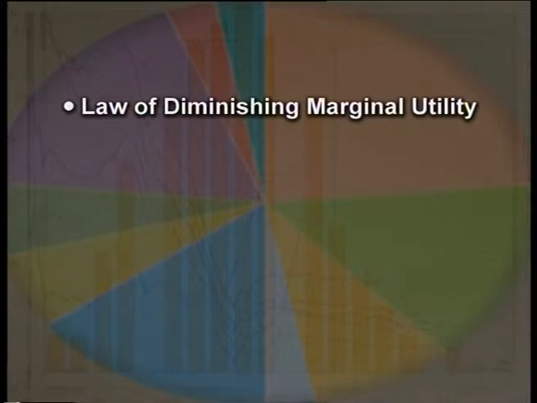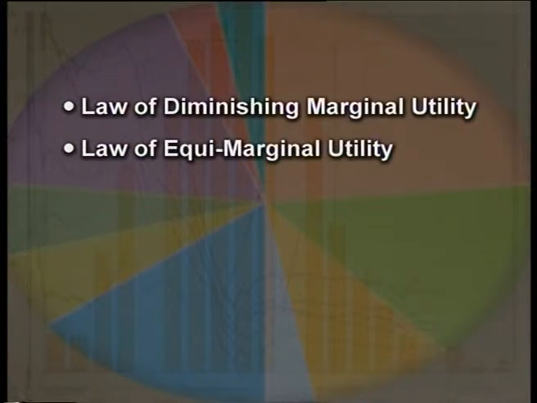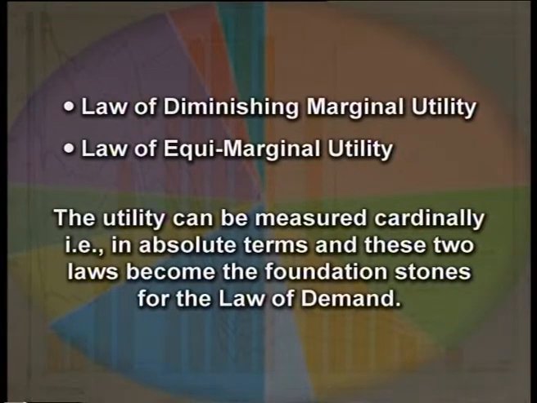There are two laws which support the law of demand, and they are known as the law of diminishing marginal utility and the law of equimarginal utility. Both these laws assume that utility can be measured cardinally, that is in absolute terms.